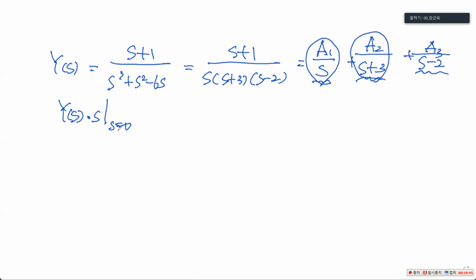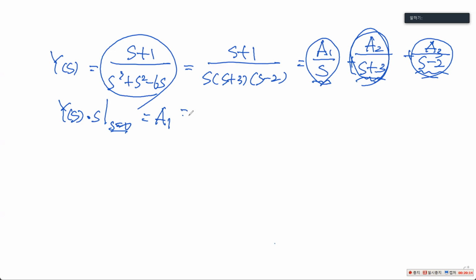Multiply by s and put it 0, so those terms will go to 0 because it will be s plus 3, A2, and s equal 0, so it has to be 0. A3, same thing. So it gives A1. Okay. And we multiply by s and put s equal 0, then it gives minus 1 over 6.